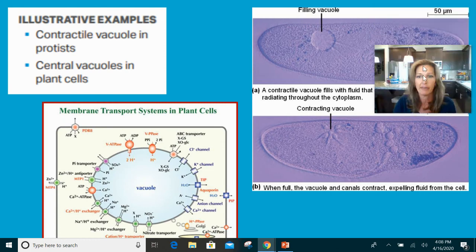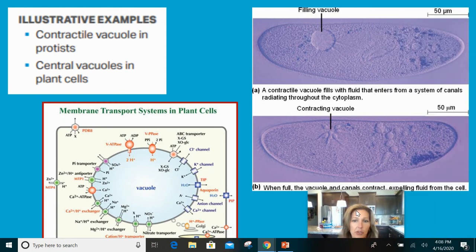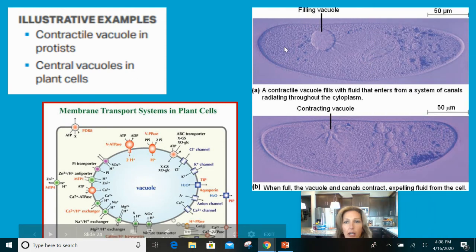Here are some other illustrative examples of the importance of moving water. Here I have this little amoeba. Amoebas have a contractile vacuole. Now, if I've got this water-living protist, it has to be able to regulate because it's got dissolved solute in here.